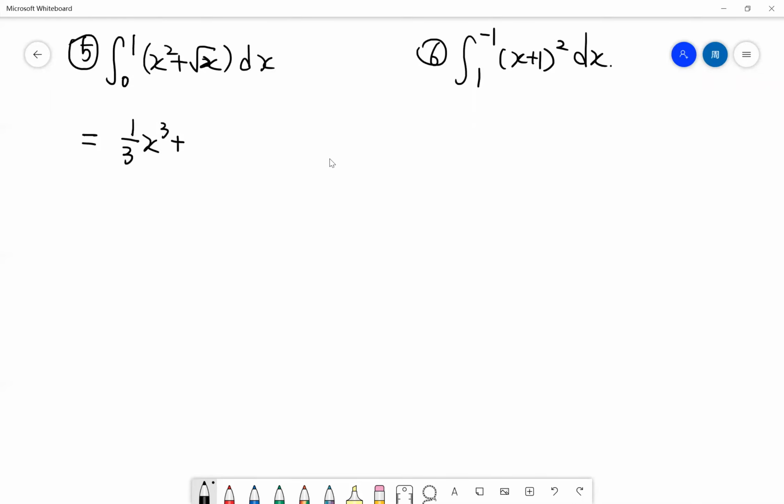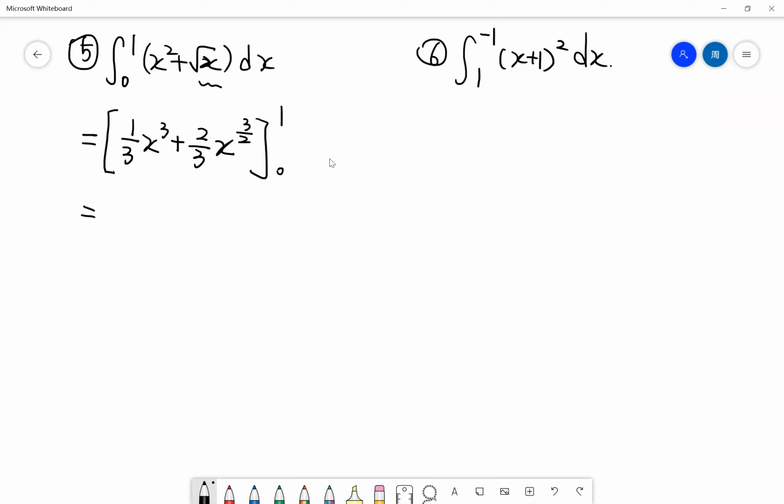And then plus, for this part, that is x^(1/2), right? So that is 1/2 plus 1 means 3/2. So here we add 2/3 times x^(3/2). And then from 0 to 1.